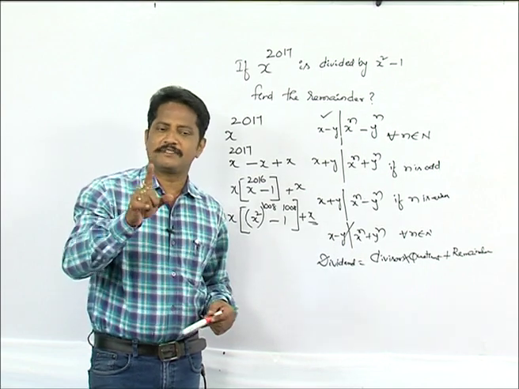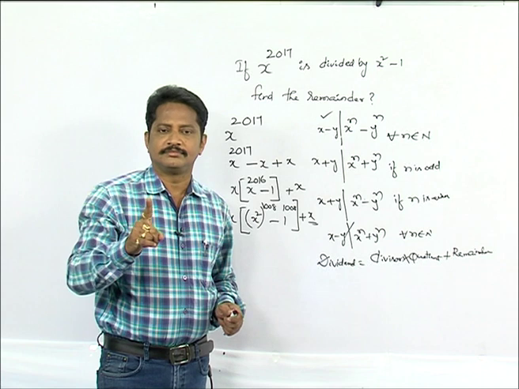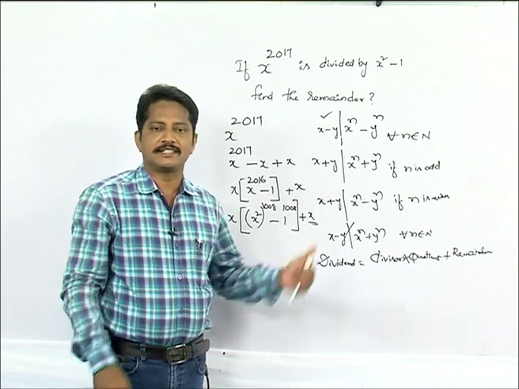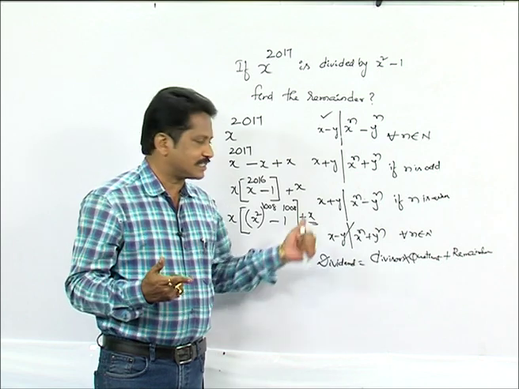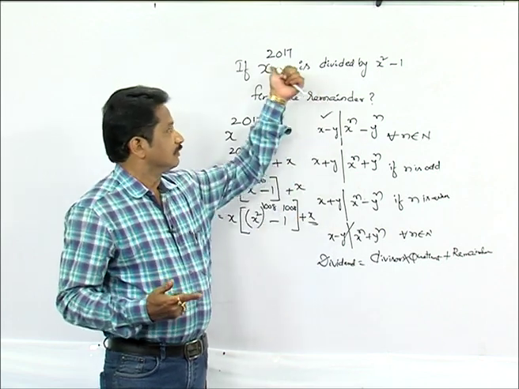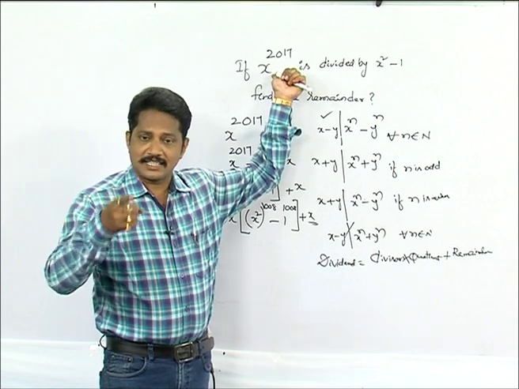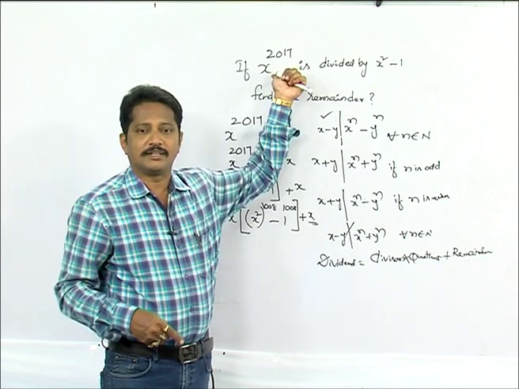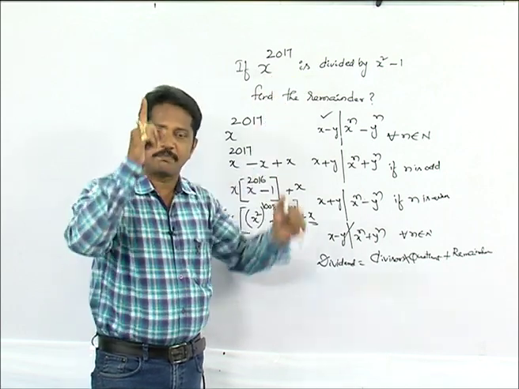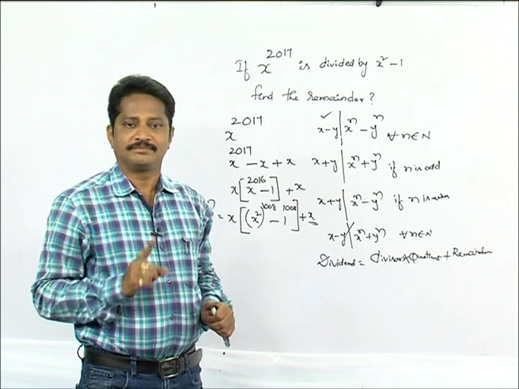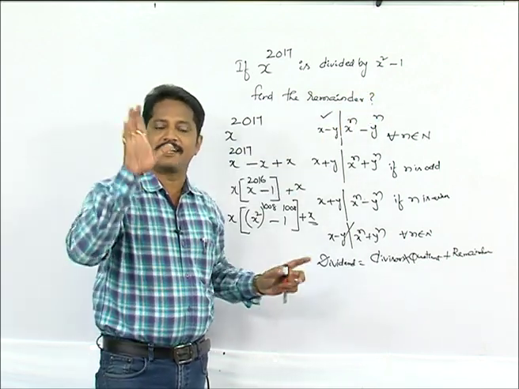The beauty of this problem is, take any power which is an odd number, the answer is the same. Do you understand my sentences which I just said? Not only x to the power of 2017, because 2017 is an odd number. Instead of x to the power of 2017, if you say x to the power of 99, an odd number, when it is divided by x square minus 1, it leaves the remainder x.